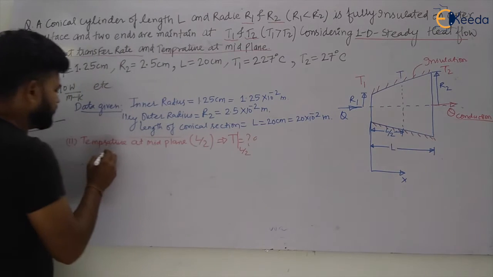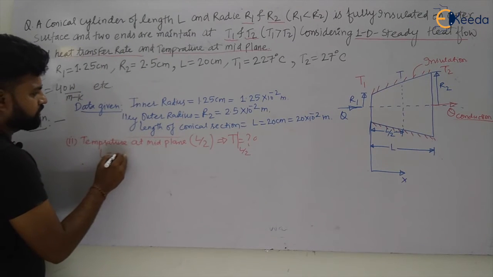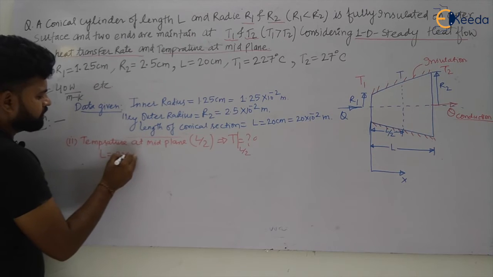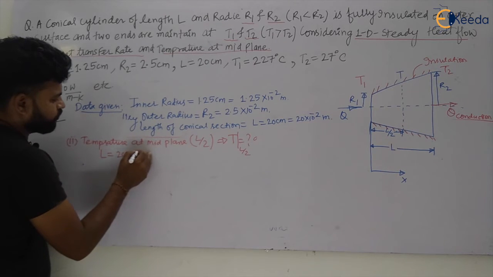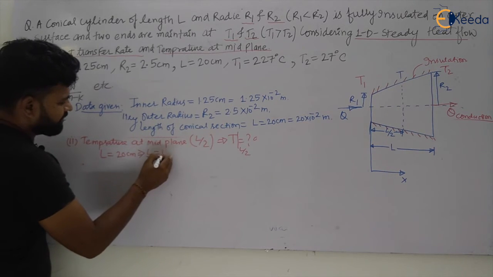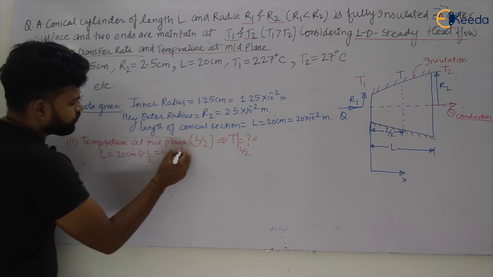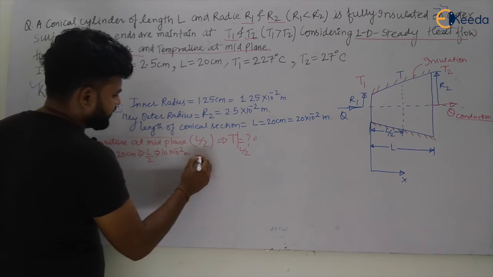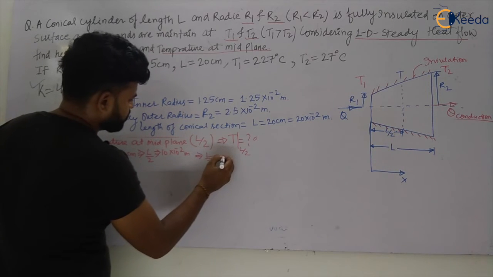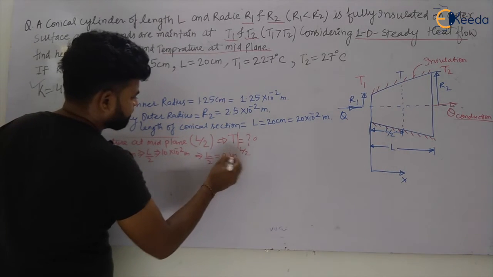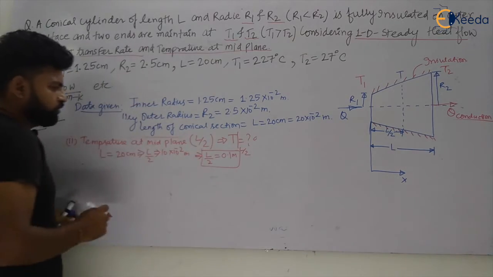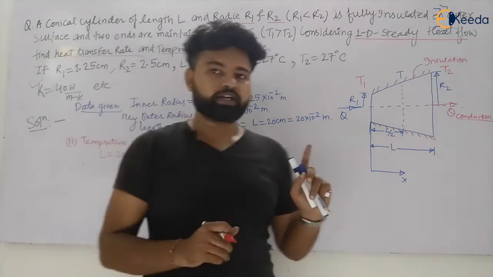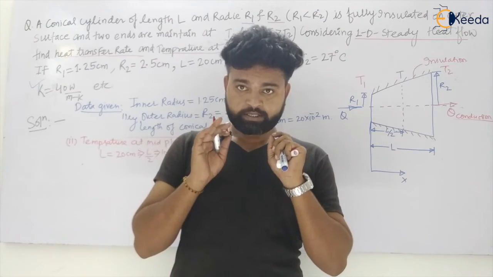L is already given as how much? 20 centimeter. So L by 2 will become 10 centimeter, that is 10 into 10 to the power minus 2 meter. So that implies L by 2 will be equal to 0.1 meter. So can I calculate the temperature here?